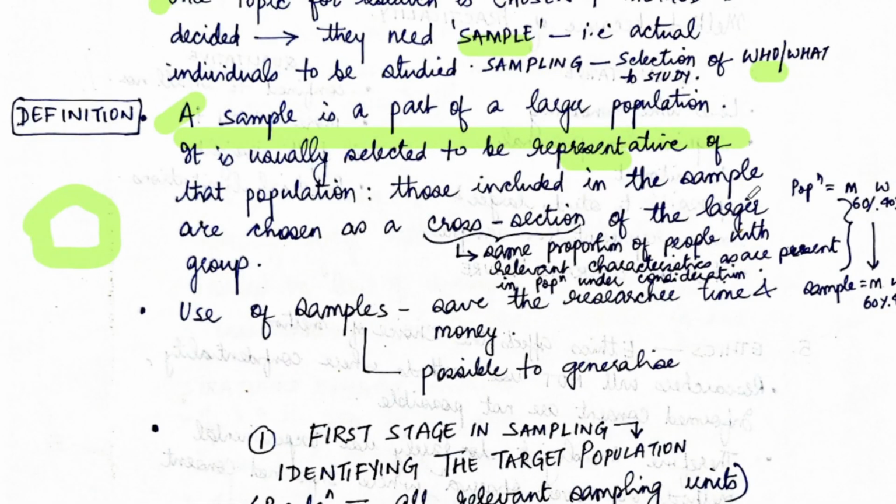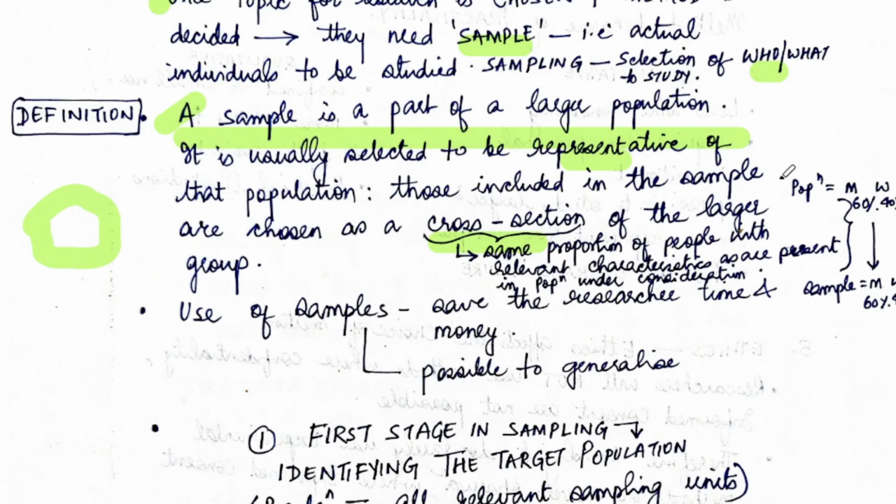Those included in the sample are chosen as a cross section of the larger group. So cross section here means a mini version of the population, not just one corner of the population, not just a partial part of the population, but a proportion of the people with relevant characteristics as present in the entire population under consideration.